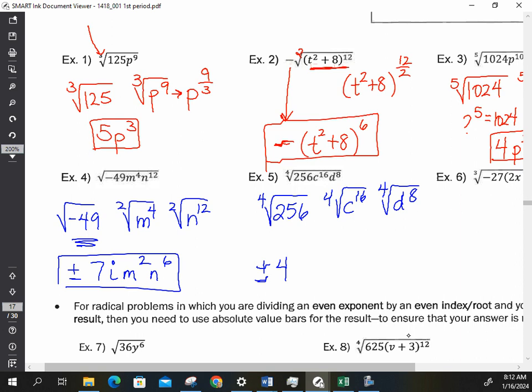So remember, plus or minus only comes in when the index, the number outside, is even. If it's odd, you don't have to worry about it. 4 goes into 16 4 times, so c to the 4th. 8 twice, d to the 2nd. And that's simplified.